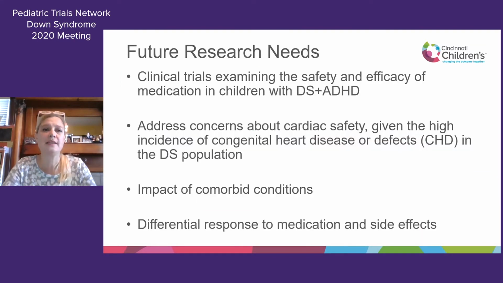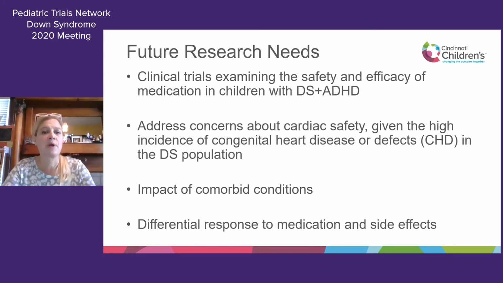So what do we need for research? We need clinical trials in kids with Down syndrome that examine the safety and efficacy of medication. For kids with Down syndrome and ADHD, we need to address the concerns of cardiac safety, especially given the high incidence of congenital heart defect in this population, and also the distinct neurophysiology and how that might attenuate any responses.